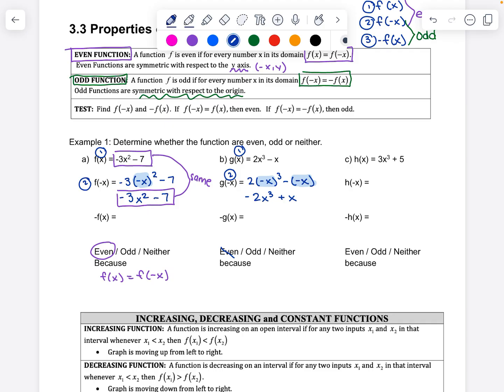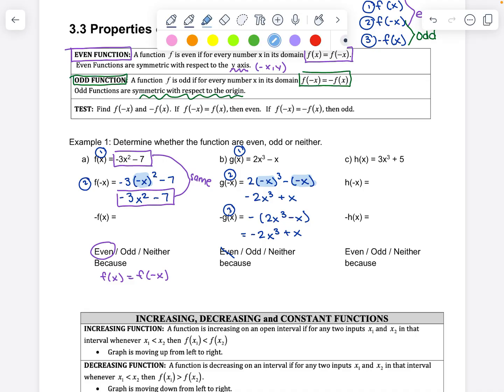Now let's go ahead and do negative g of x. That's the third step. Negative g of x means you take the negative of the entire function. So it's pretty much flipping the signs of the original g function. So negative 2x cubed plus x.